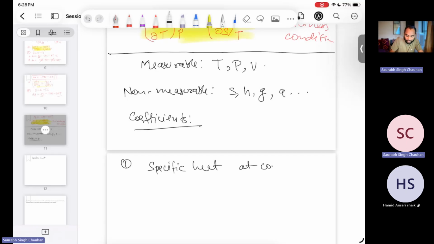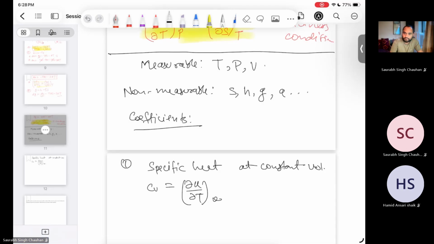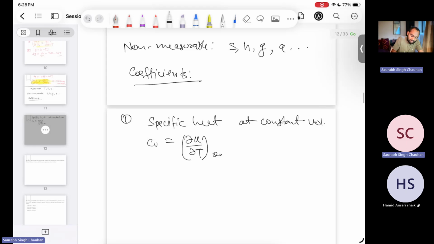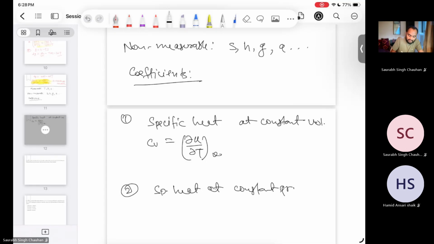One is at constant volume, that we call CV, and that is the partial derivative of U with respect to T at constant volume. Another one is specific heat at constant pressure, that is Cp, and that is the partial derivative of enthalpy with respect to temperature at constant P.